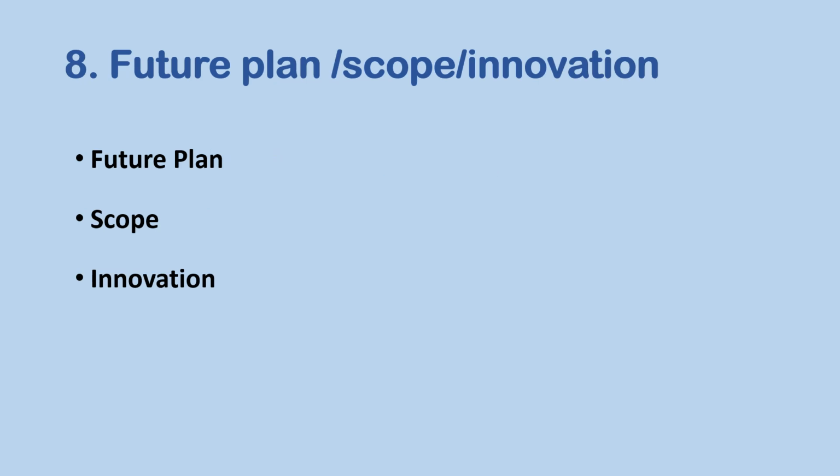Point number 8, future plan, scope or innovation of your project. You can explain what is the future plan or scope for your project or the innovation or creativity made by you in the project. You can explain under this point.